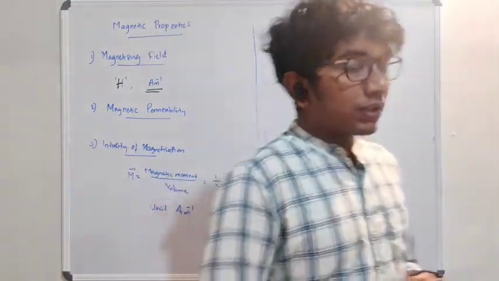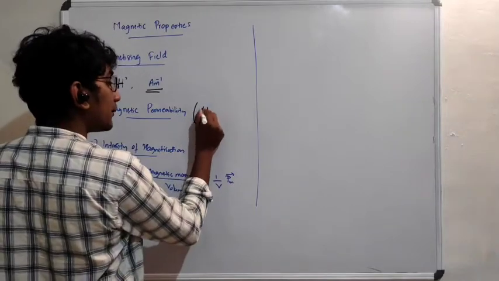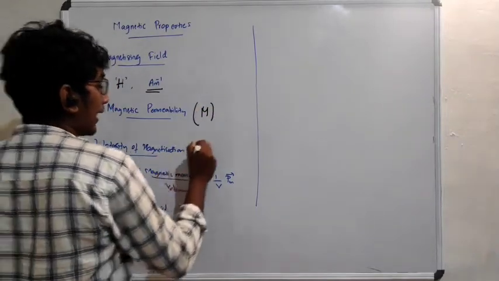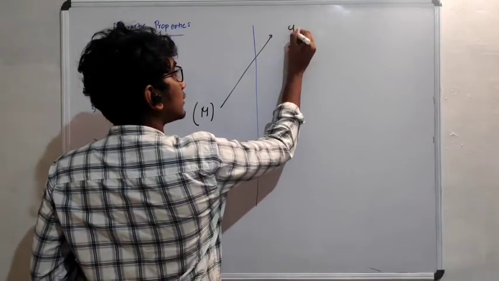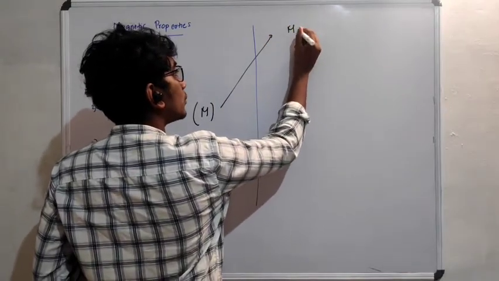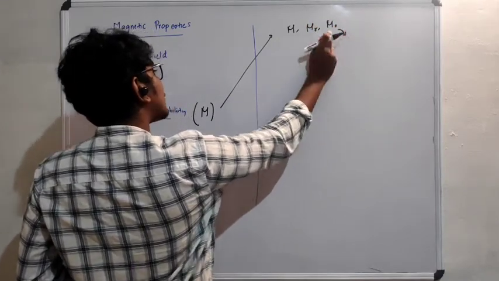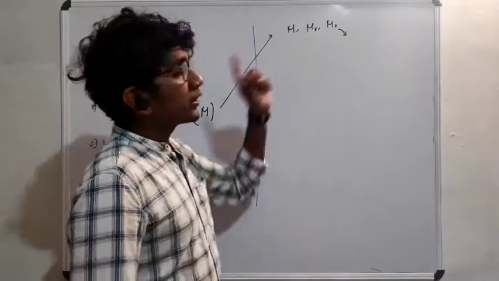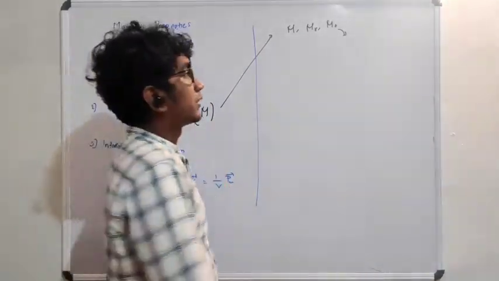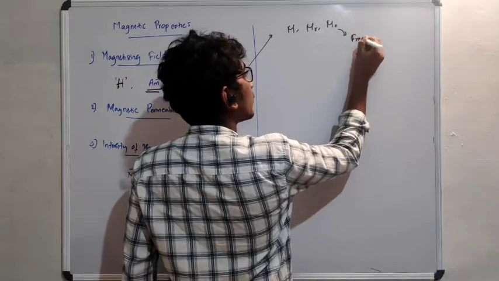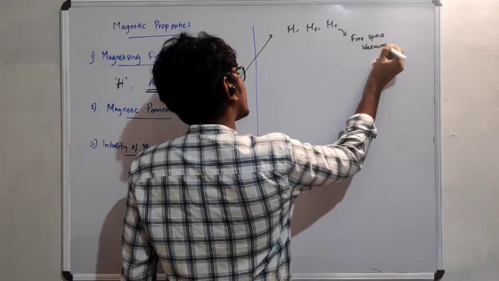Now let's talk about magnetic permeability. The letter we use is mu. First we have to understand mu, then mu r and mu 0. Mu 0 is the magnetic permeability of free space or vacuum.